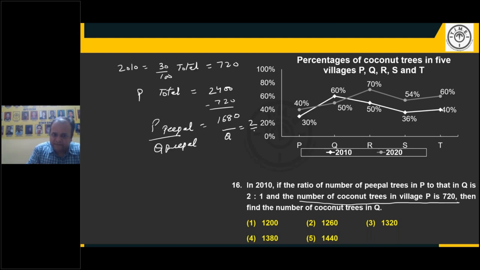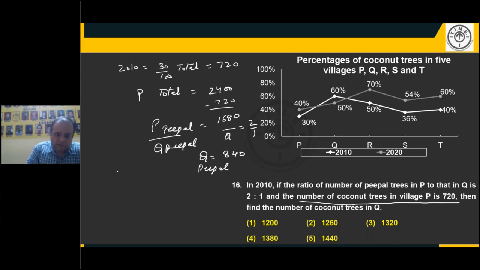So Q's peepal trees we can find out will be 840. Q's peepal trees we have found out: 840. Now this 840, if we look at it, is representing how much? 60% is coconut trees, right? So in Q, 40% would be peepal trees.